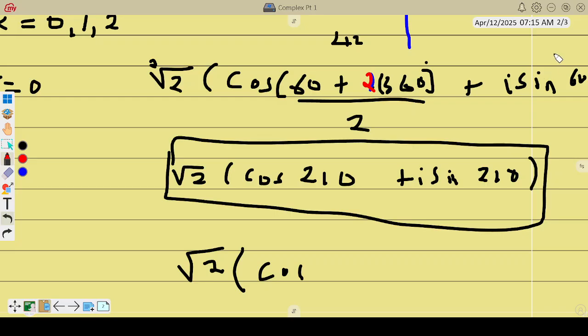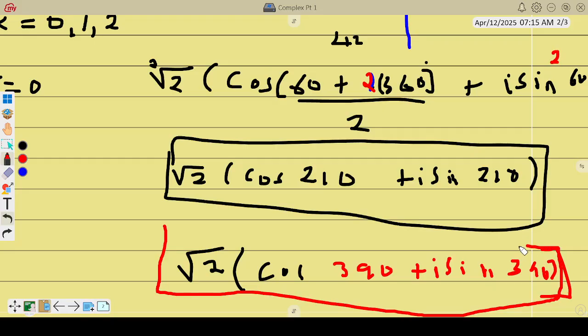Then you add 720 to 60, it's 780. You also divide the same by 2, you end up with 390 plus i sine 390. Yeah, so this is the third root.